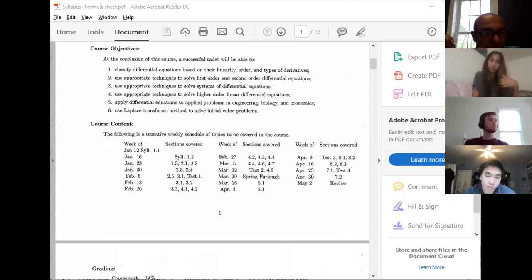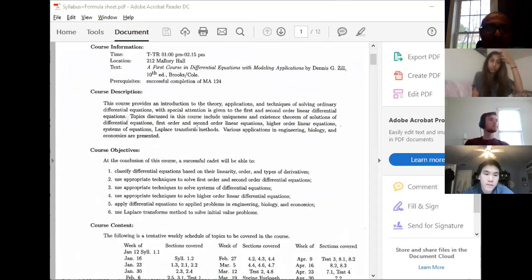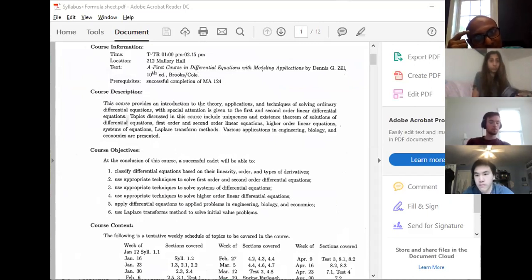We are going to use the book of Dennis Zill. Nicely written book. I like this book. I think I have mentioned it here: A First Course in Differential Equations with Modeling Applications by Dennis Zill, 10th edition. The main thing is that everything written in this book is in a very compact form. All right, sorry about that.